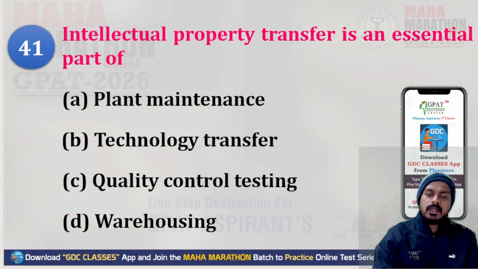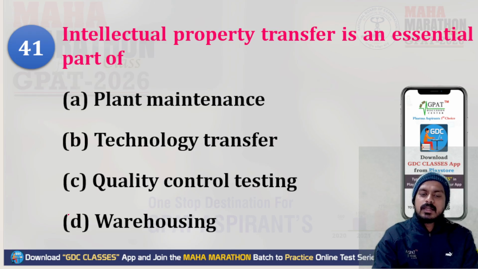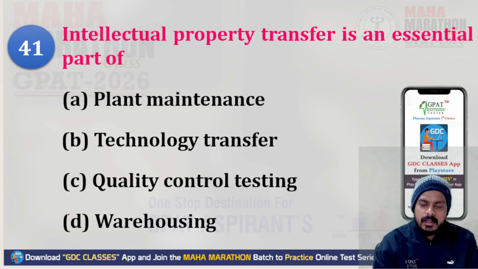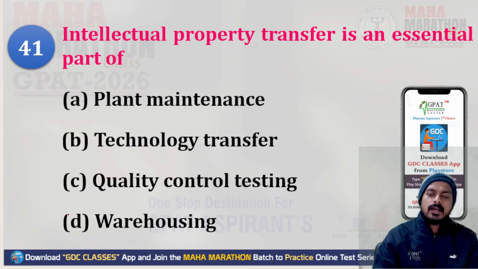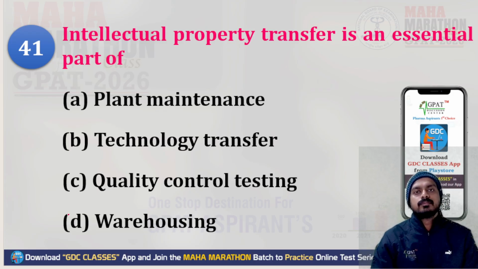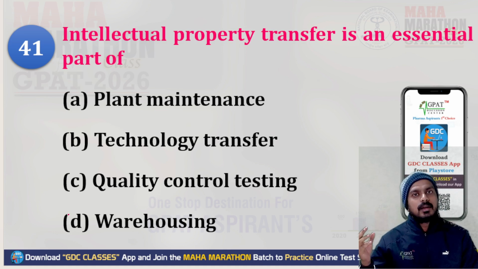Next question. Intellectual property transfer is an essential part of plant maintenance, technology transfer, quality control testing, or warehouse. Let me give a simple example. Suppose you have a good command of organic chemistry, and your friend asks you to explain a particular name reaction.